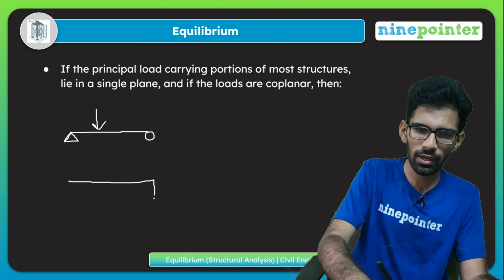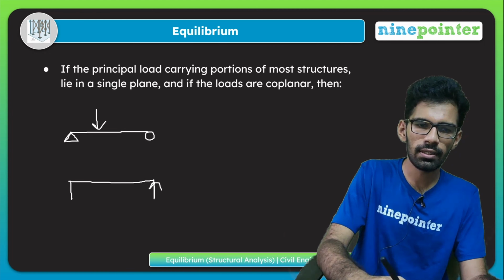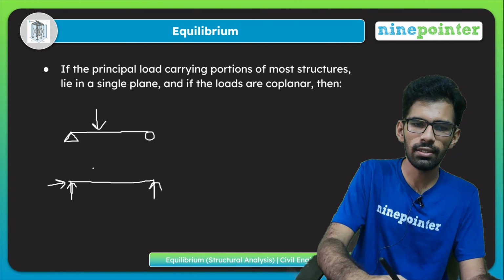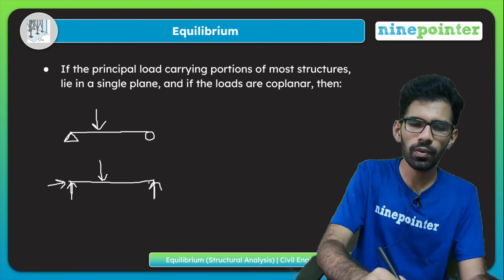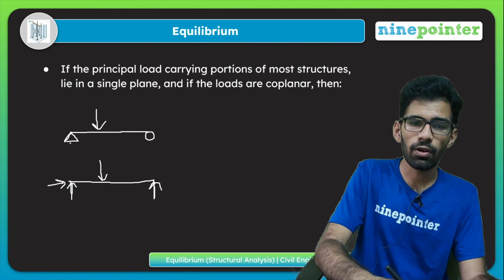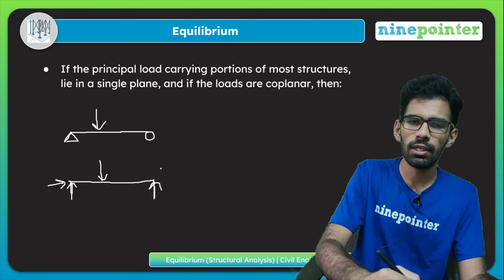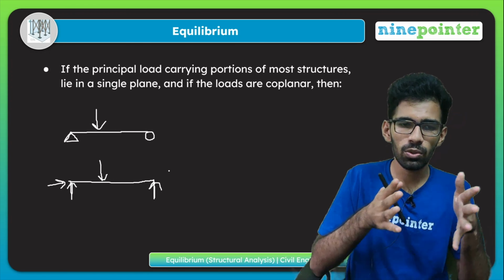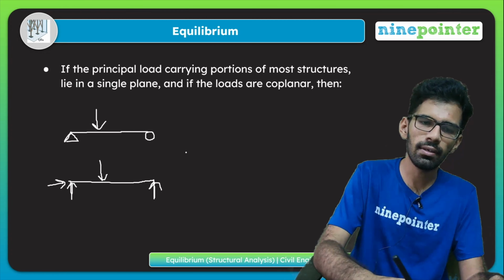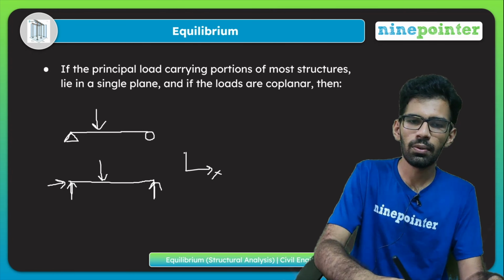So now we have a force like this, a force like this, a force like this, and a force like this. तो रोलर की वजह से एक ही डायरेक्शन में रिस्ट्रिक्शन हो गया मूवमेंट का एंड फॉर हिंज, दोनों डायरेक्शंस आर ब्लॉक्ड. ठीक है, तो दो फोर्सेस फॉर हिंज एंड रोलर के लिए एक फोर्स. Now if we look carefully, all these forces are lying in the x-y plane.